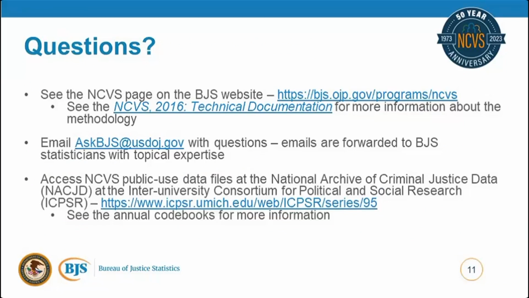Please email askbjs@usdoj.gov with any questions, and your email will be forwarded to a BJS statistician with topical expertise. Finally, you can access the NCVS public use data files at the National Archive of Criminal Justice Data, or NACJD.